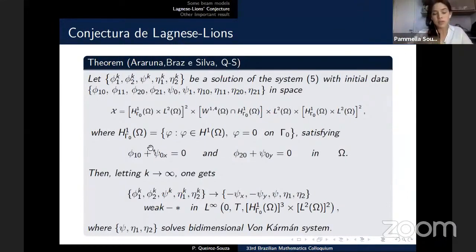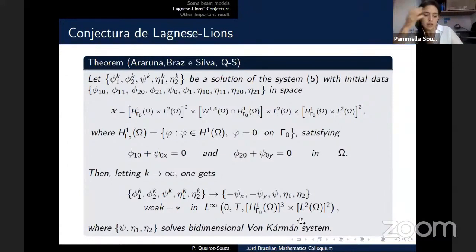The first one, phi 10 plus psi 0x is equal to 0, and phi 20 plus psi 0y equal to 0. And now, letting k go to infinity, one gets this weak star convergence in an appropriate space.